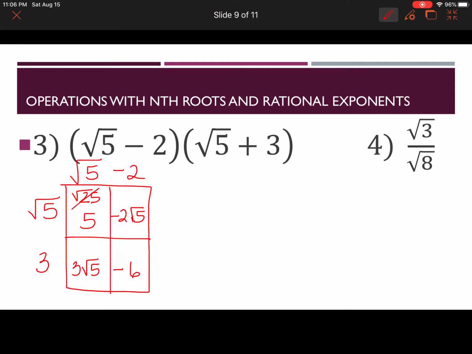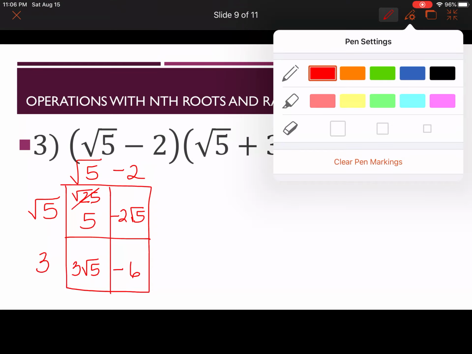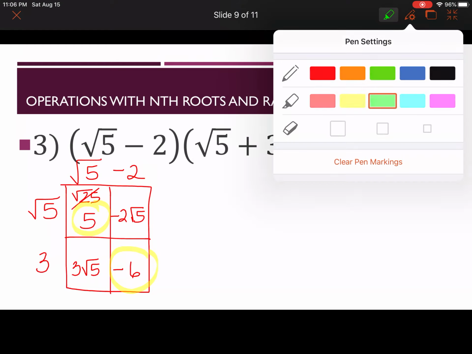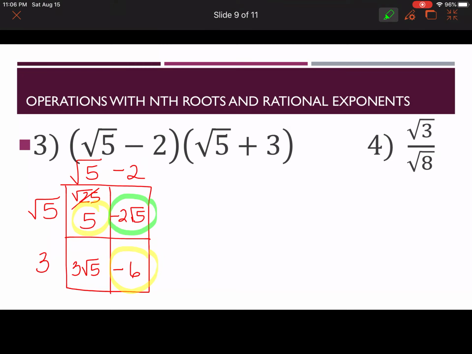It just so happens that we have like terms, so we can add. So we're going to add these two, the 5 and the negative 6. And then we're also going to add these because they're like terms. They both have a radical 5. So our final answer is negative 1 plus the square root of 5.